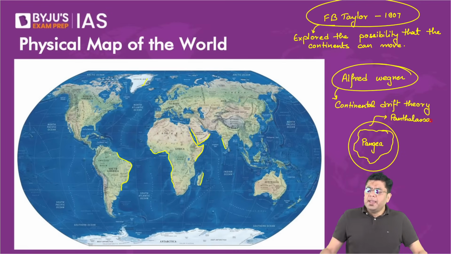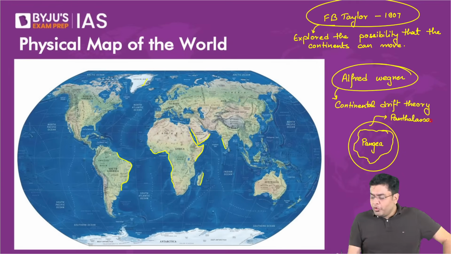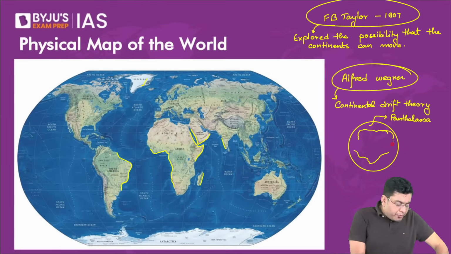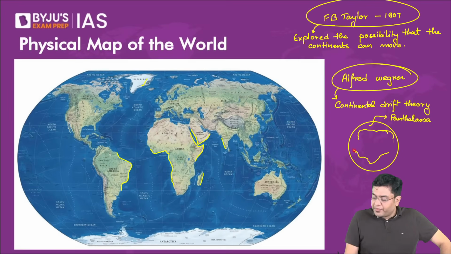And he said that this Pangea broke into various parts. Pangea broke into two different parts initially. You had one to the north and one to the south.